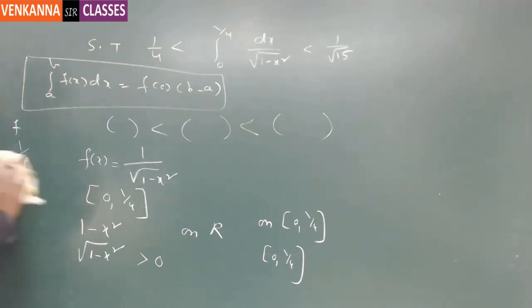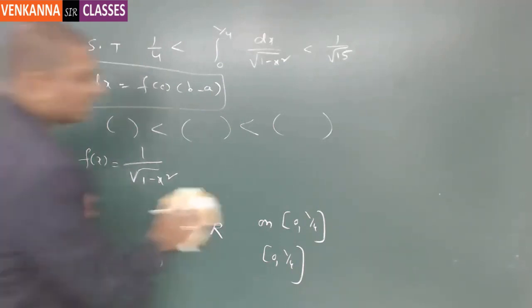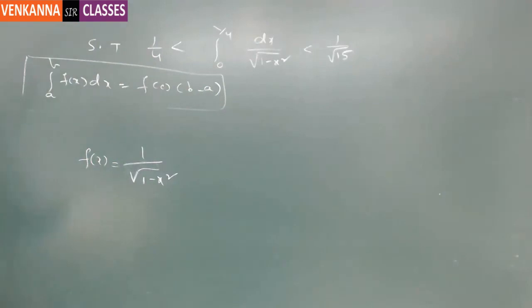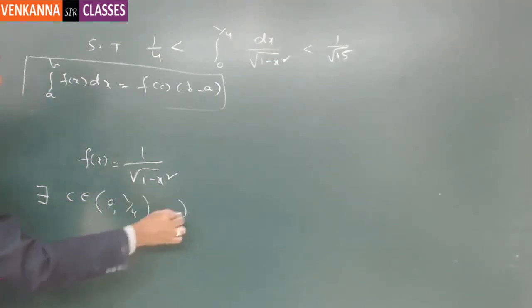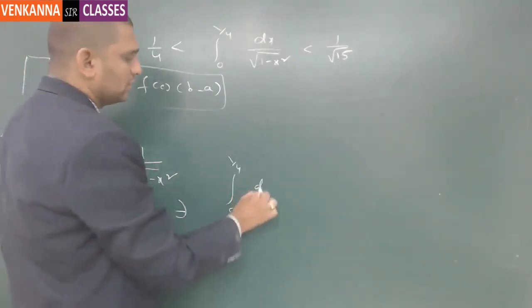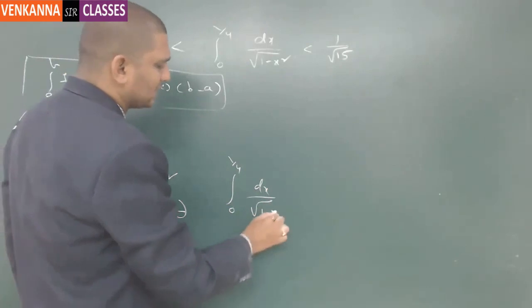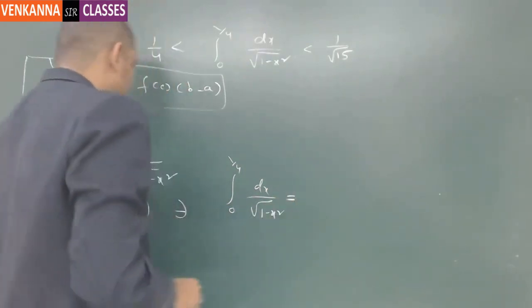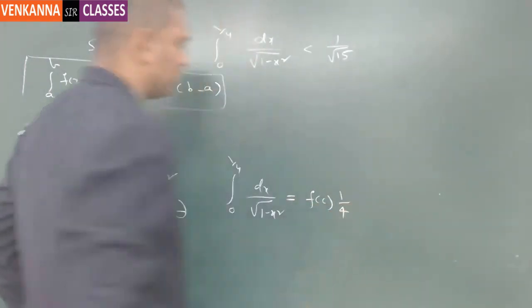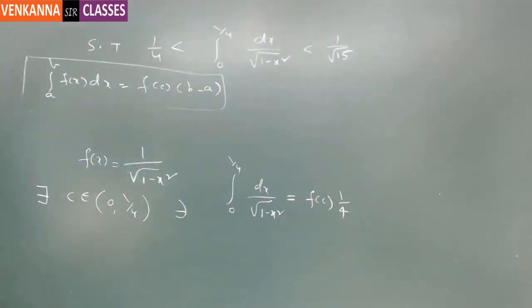Now, coming to the deduction part, the inequality. Therefore, we can say, as per this condition, there exists c belongs to the open interval 0, 1 by 4, such that integral 0 to 1 by 4 dx by root of 1 minus x square is equal to f of c into b minus a, as we know.